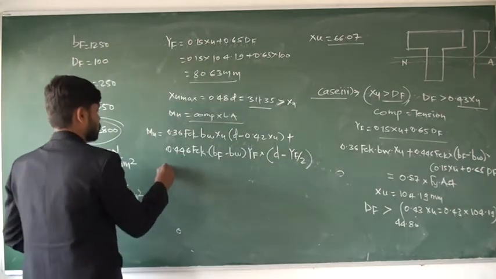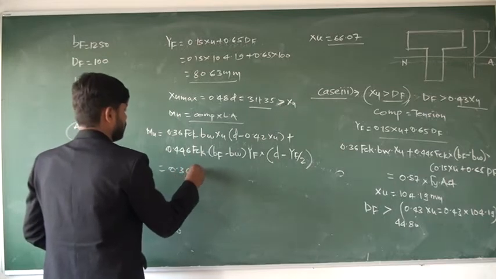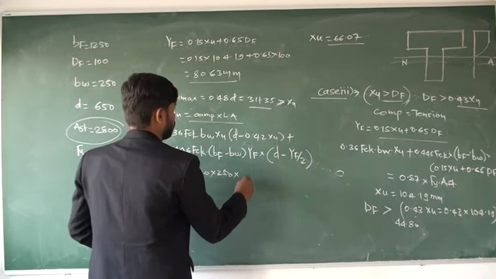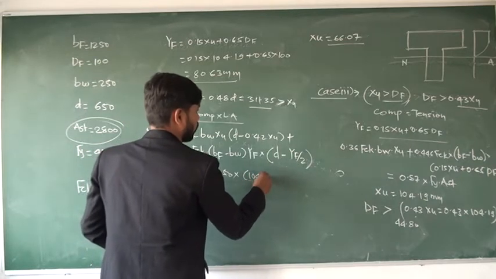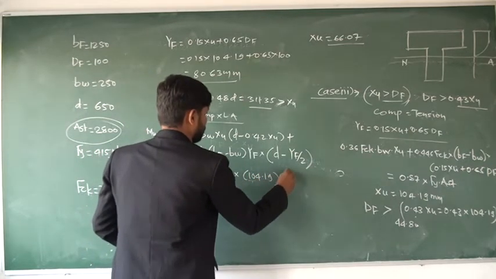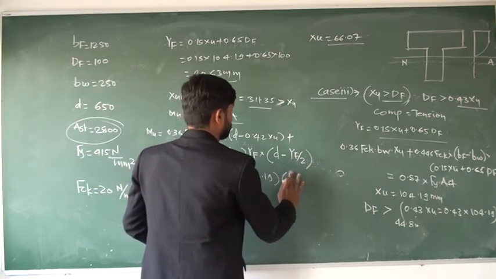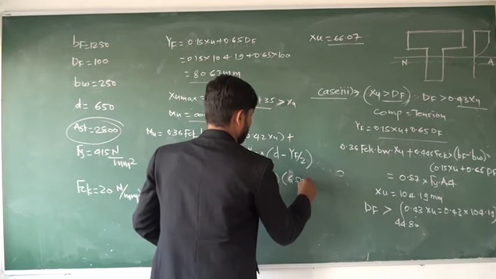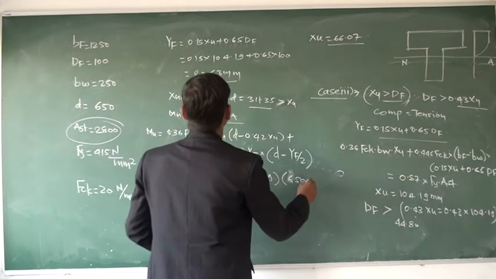Okay. So now substitute all the values available. fck is 20, bw is 250, xu we have 104.19, d is 650, yf is 80.63.